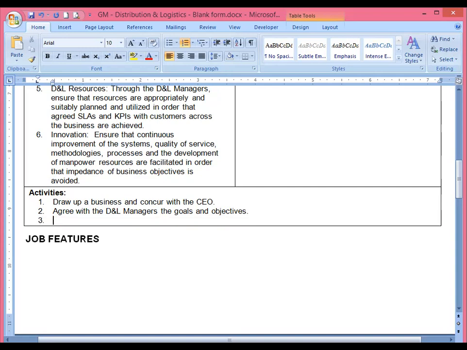And the third one would be monitor key performance of DNL managers, address issues and make resolutions.